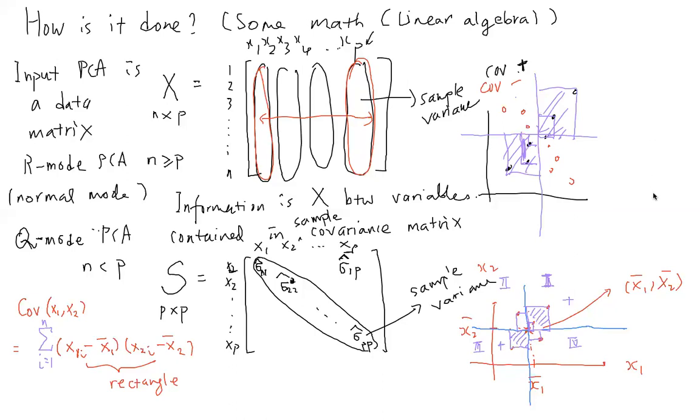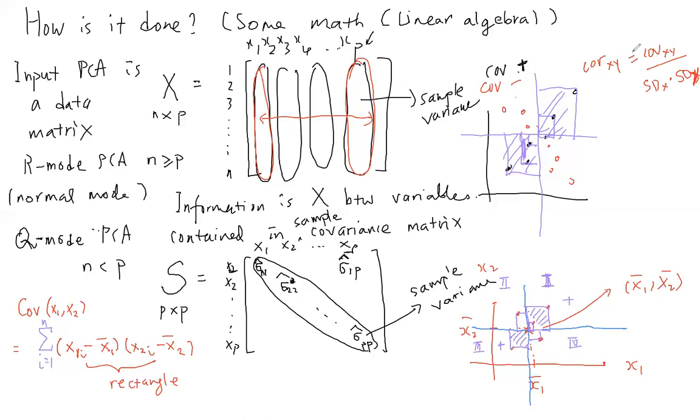By the way, if you remember, your correlation between x and y is equal to the normalized covariance. It is the covariance of x and y normalized by the product of the standard deviation of x and the standard deviation of y. Okay, in case you need some refresher.